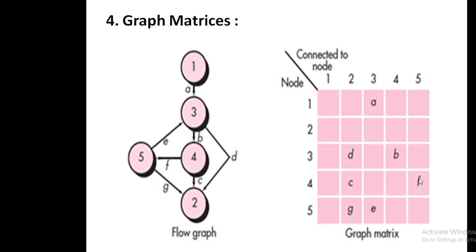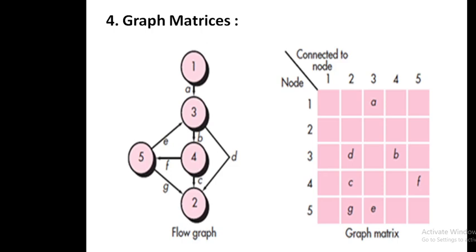How are we developing these graph matrices? First we want to know the size of the matrix. We determine the size by how many nodes are in the flow graph. For example, in this flow graph we have 5 nodes: 1, 2, 3, 4, 5.